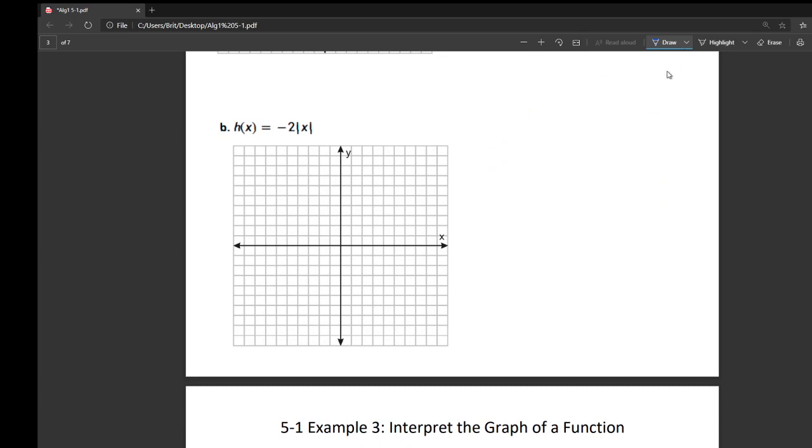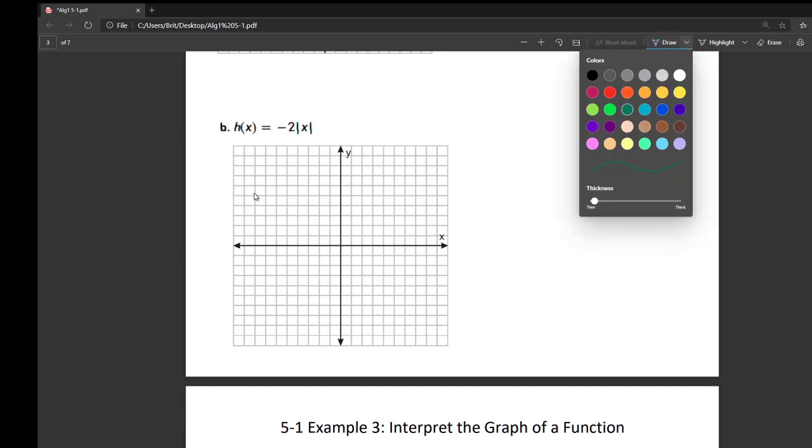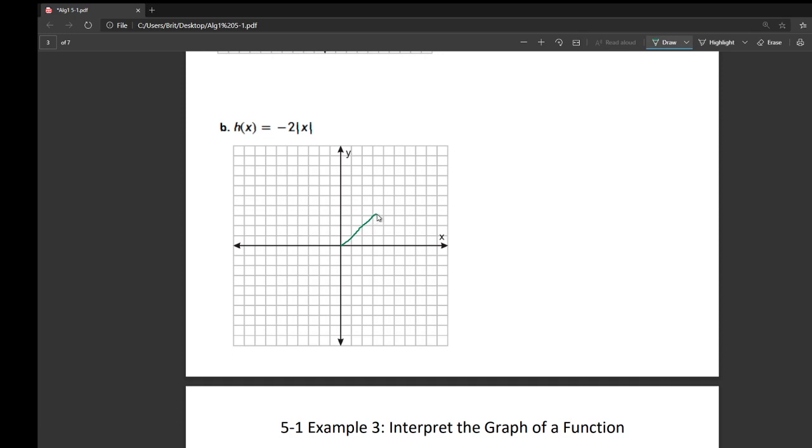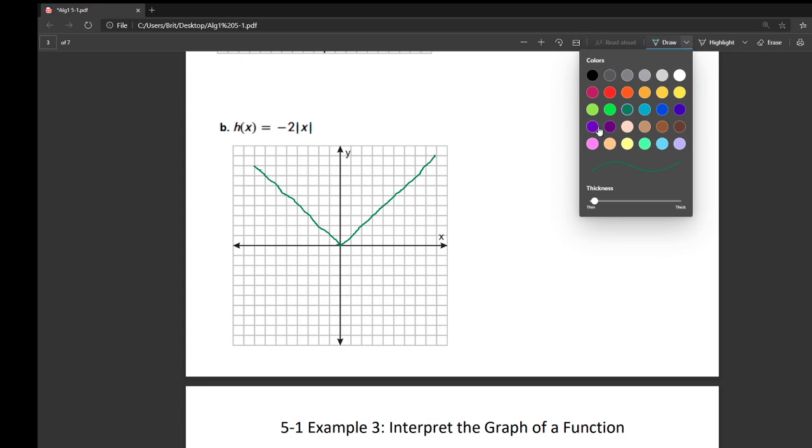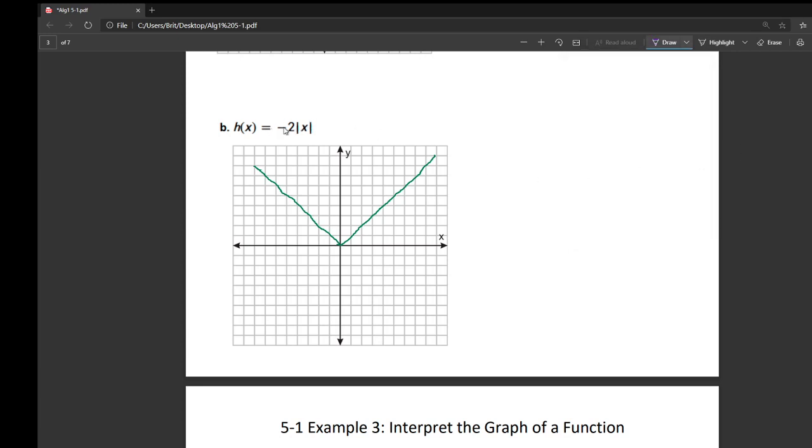Alright, so now here's our last one. So again, here's our parent function. Man, I should have just put a graph of the parent function on here so I didn't have to draw it over and over. But I'm getting better at practicing it, so there we are. So for this one, there are 2 transformations happening.